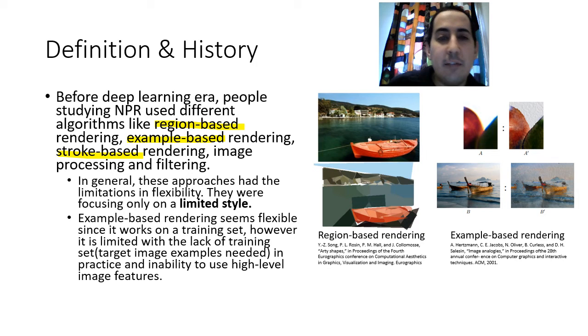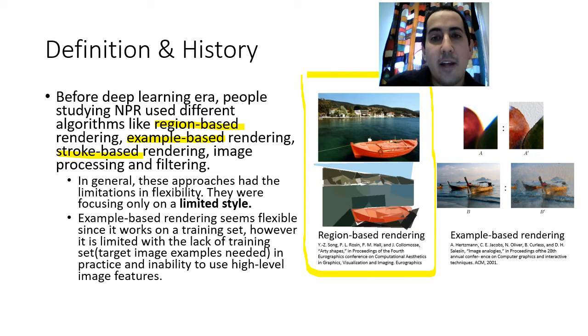I would like to briefly talk about some of these algorithms. Region-based rendering uses a variety of simple shapes like circles, triangles, squares, super ellipses, and so on. And these shapes are optimally fitted to each region of the photograph, as you see here.